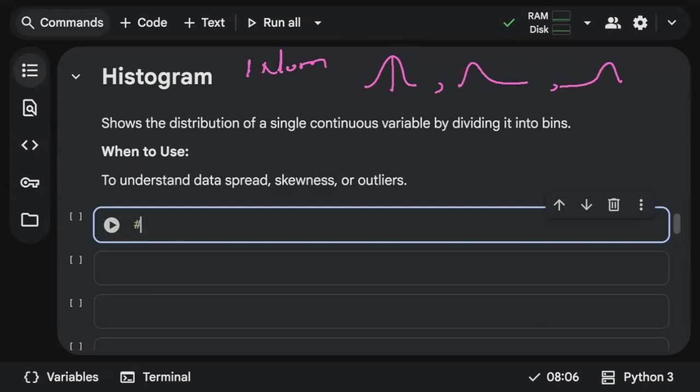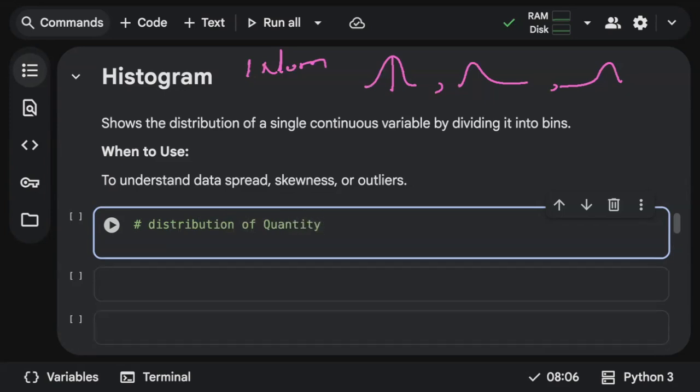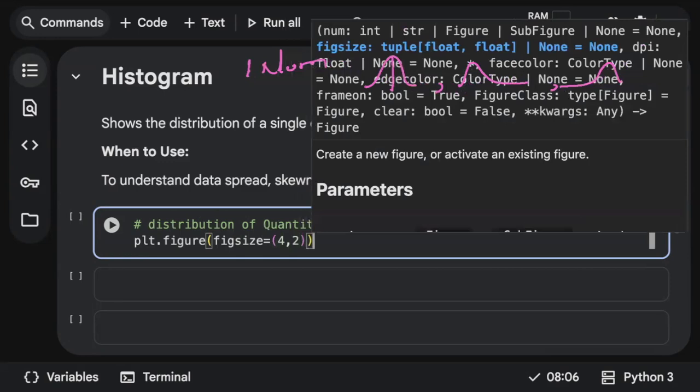So let's try to plot a histogram with the help of Seaborn. First, let's do the distribution of quantity. I'll use plt.figure with figsize equal to (4,2).